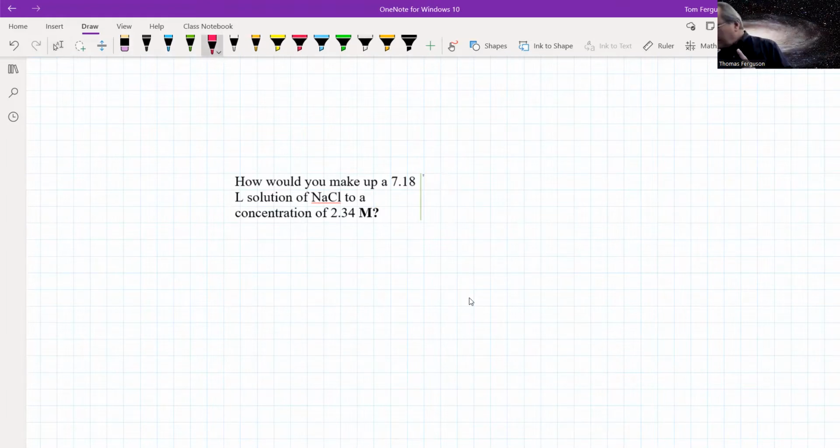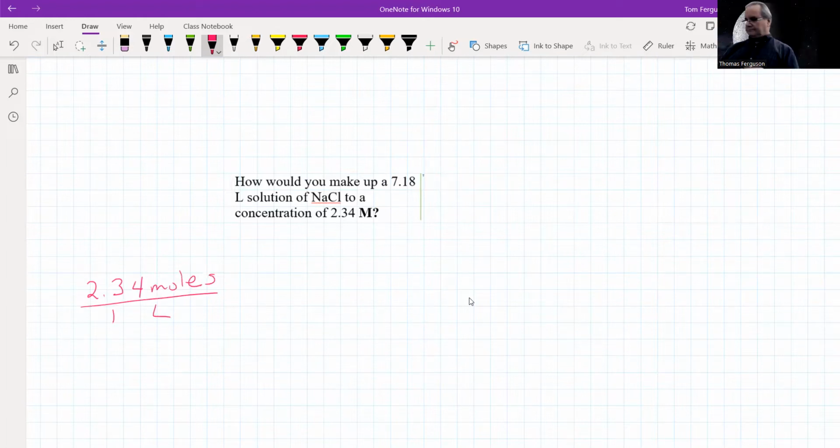Yes. We want to start with a molarity, 2.34. And instead of a big M, we're going to say moles per liter. Now, there's two ways to work this problem. One way is to convert the 2.34 moles into grams, then multiply by the 7.18 liters, or you can multiply by the 7.18 liters first and convert the subsequent moles to grams.